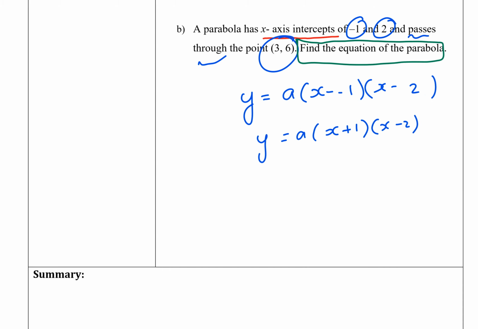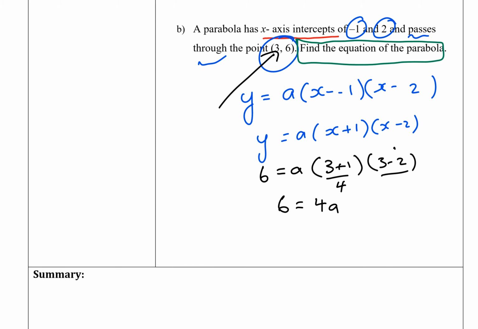Now I'm also told that when x equals 3, y equals 6. So 6 is equal to a outside of (3 plus 1)(3 minus 2). Well, that's 4, that's 1. So if 6 equals 4a, a is equal to 3 over 2. Putting that into context, y is equal to 3 over 2 (x plus 1)(x minus 2).